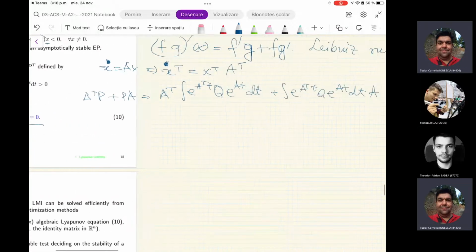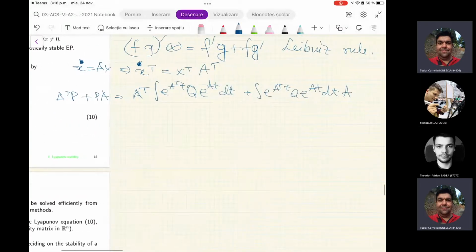All right, so you can very easily do the computations here.